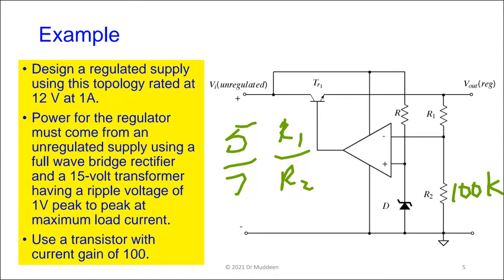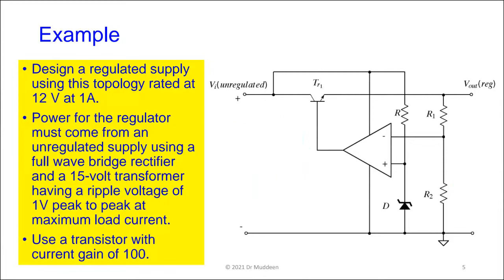Or the other way round, if instead I pick this one as 100K, then the ratio is 5 over 7, so this one will come out to be 140K.